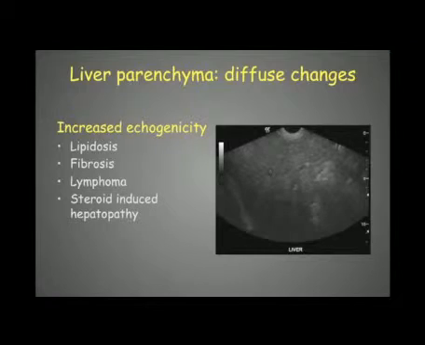It means that the ultrasound beam is stopped quite strongly by this lipidotic liver, and the liver is hyperechoic, and then it will become darker in the deepest part of the ultrasound image. It's just because there is this increased attenuation of the ultrasound beam. So that's quite typical of lipidosis.